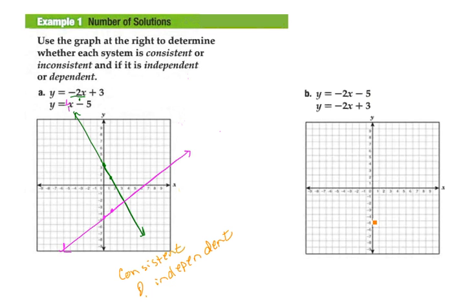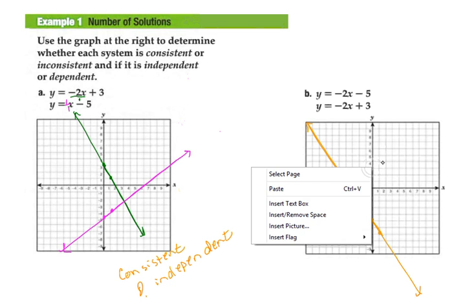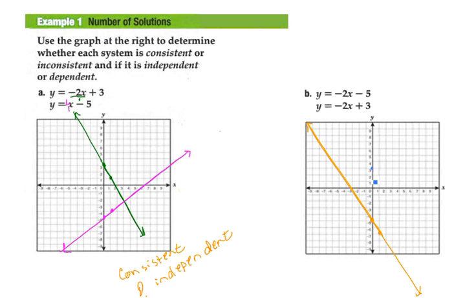-5 is down here. Slope of down 2 and over 1. And I'm going to graph this guy as good as possible. And then graph number 2, we have a y-intercept of 3. We have a slope of down 2 and over 1.